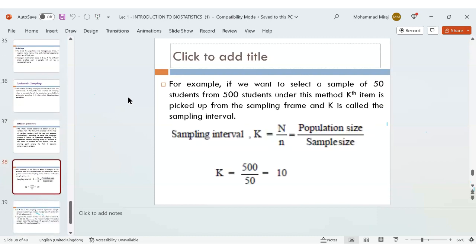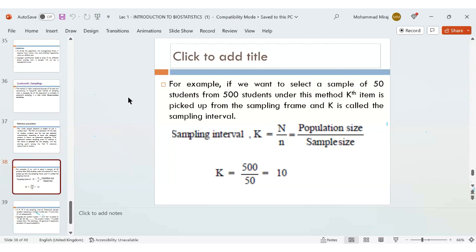So what is the formula, how do we take it? K is called the sampling interval, that is, how much gap you want to take. For example, we want to take 50 students from a group of 500. How do we do it? 500, the total population, divided by the sample size 50, is equal to 10.